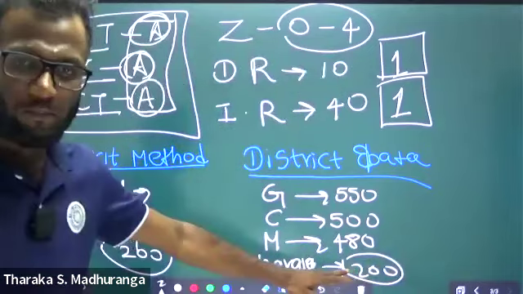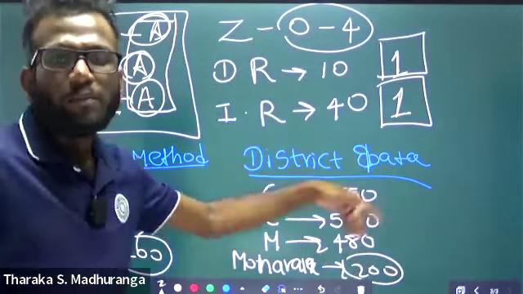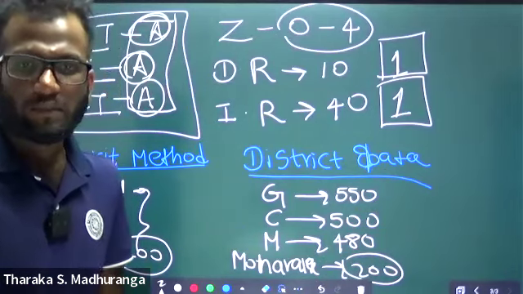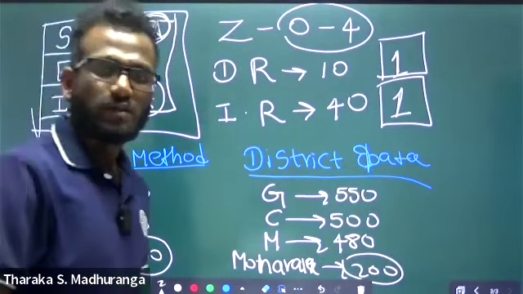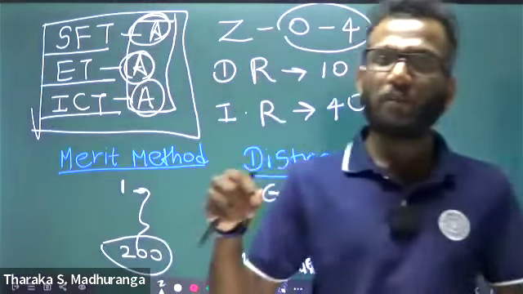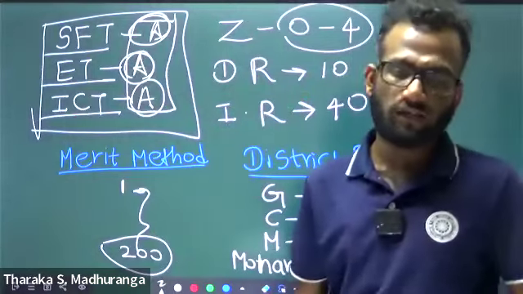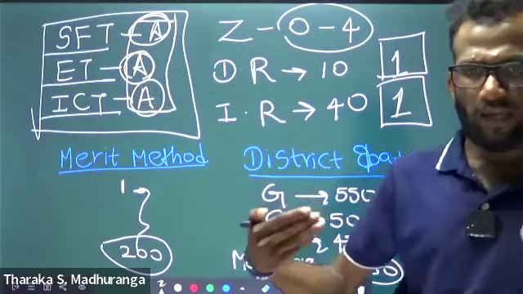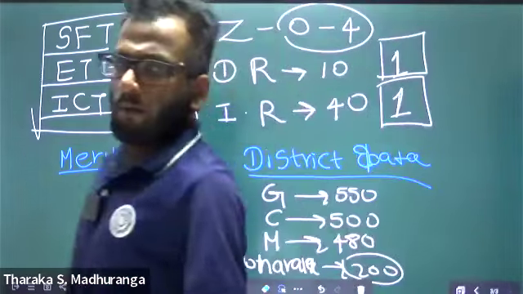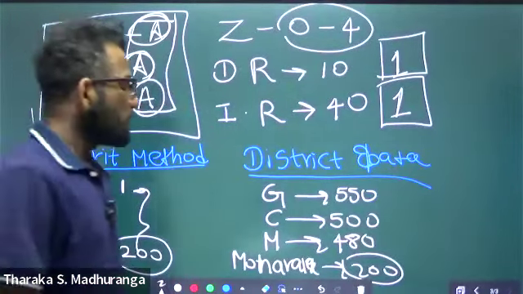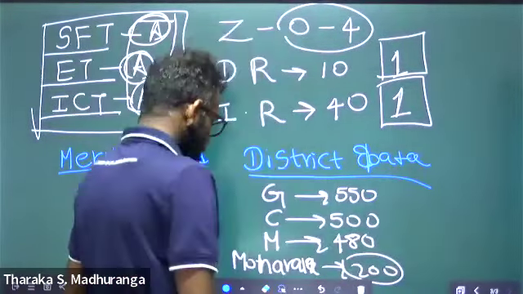You can see that it mainly depends on the number of people in the district and the number of students participating in the exam. They consider both. That's the main difference.